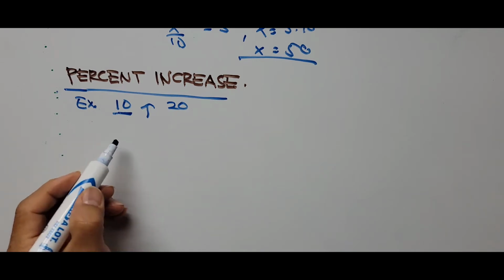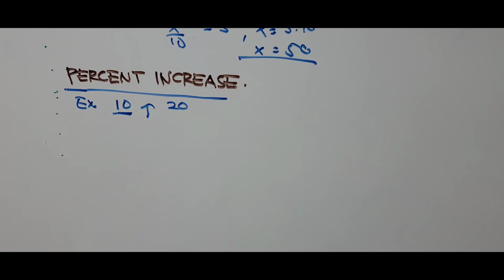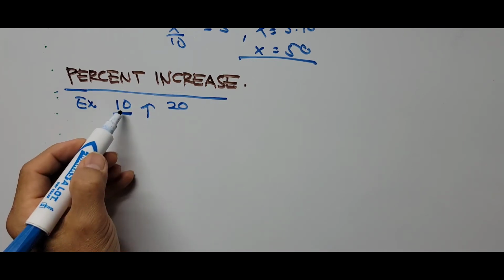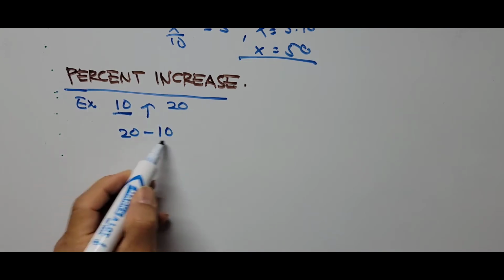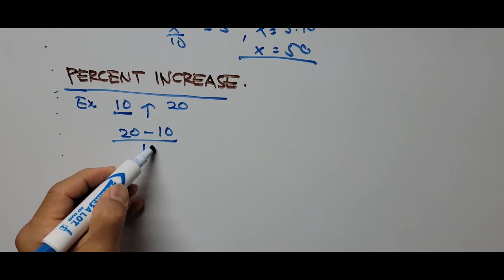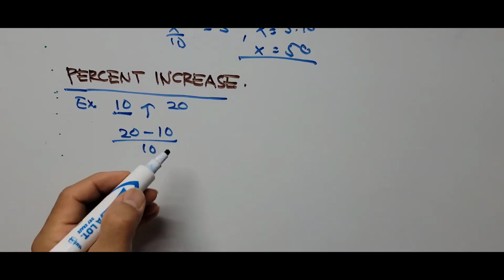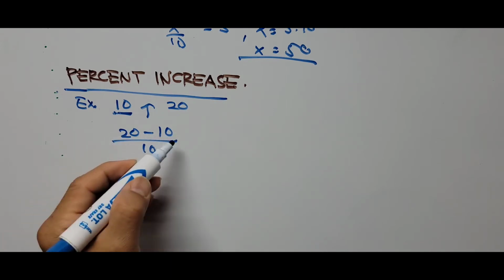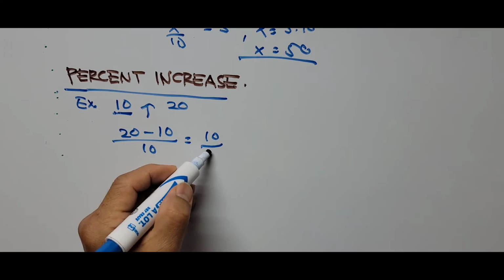So to find the percent increase, that's how we are going to do it. In here, it's increasing the value from 10 to 20, so that is subtracting 10 from 20. That is 20 minus 10 divided by the original value, which is 10. So that should be the percent increase. Now 20 minus 10 is 10, divided by 10.